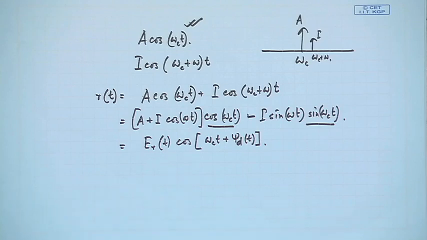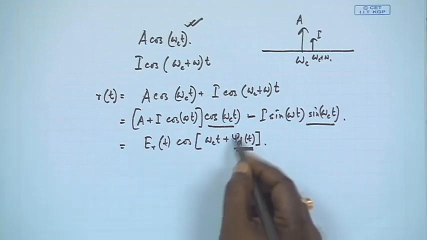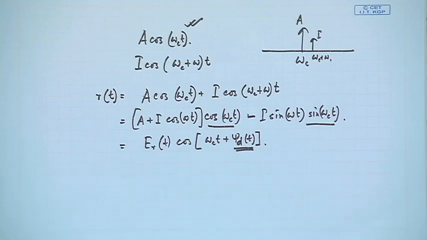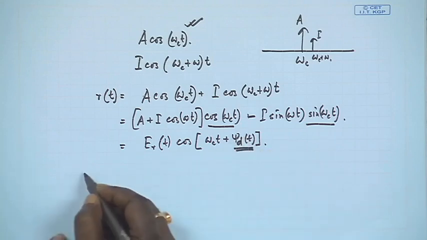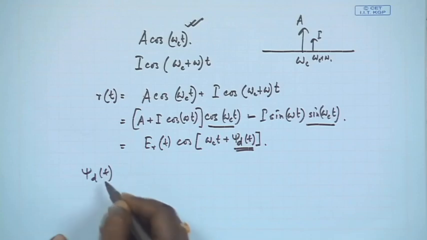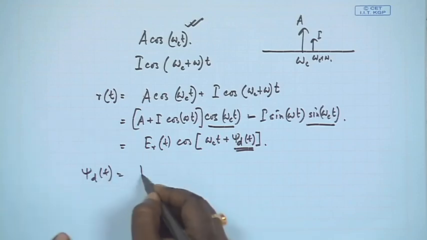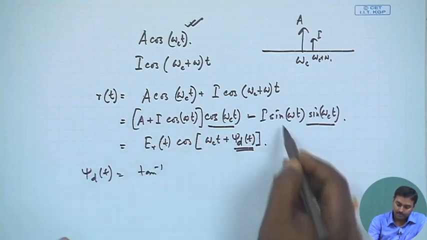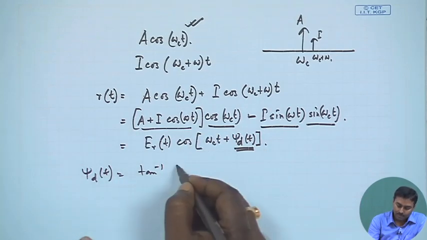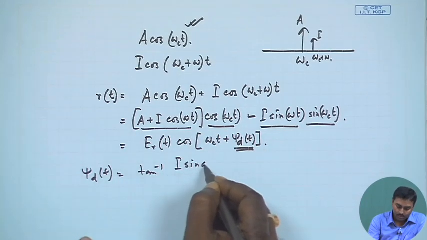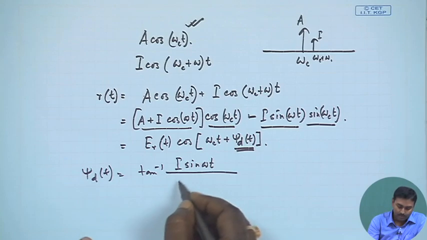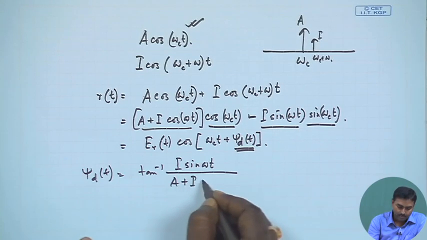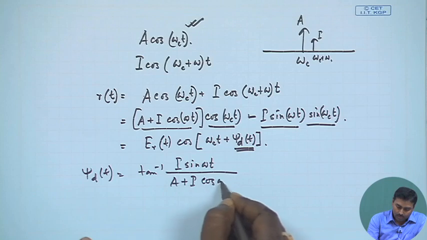We are interested in the phase, because the FM demodulator will detect this phase and differentiate it. This phase will be tan inverse of this divided by this, that is, I sin omega t divided by A plus I cos omega t.